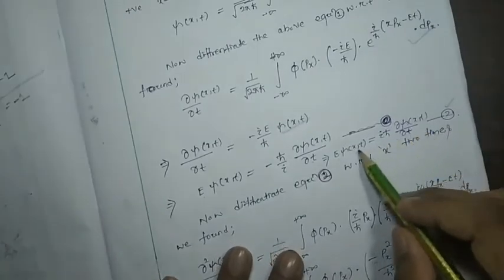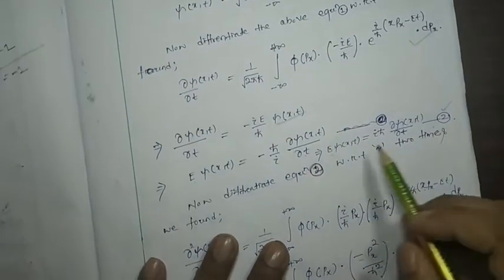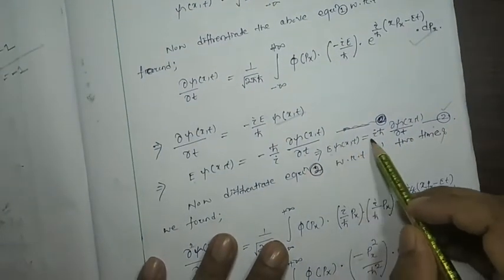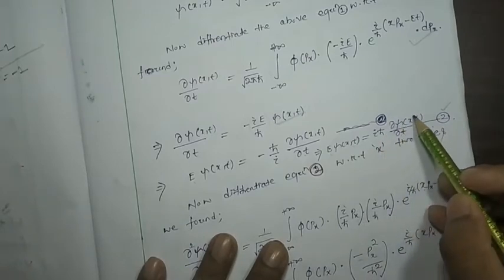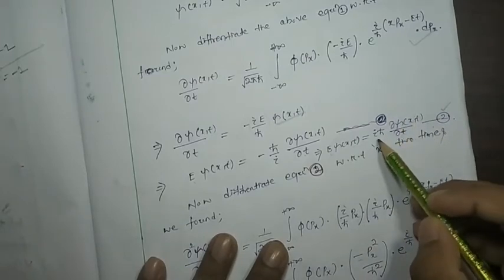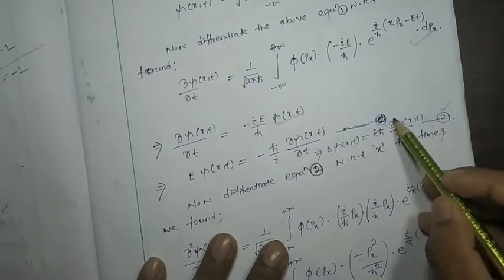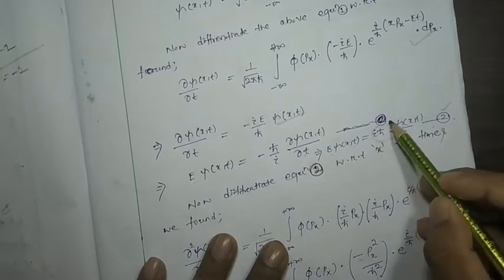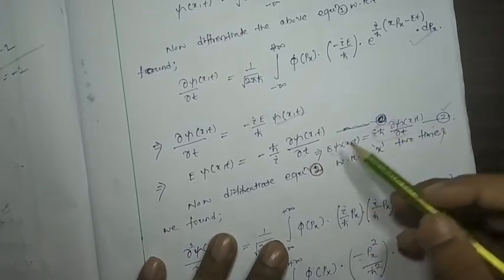So from equation number 2 we can find E psi(x,t) is equal to i h cross del psi(x,t) by del t. So i h cross del by del t will be nothing but E.